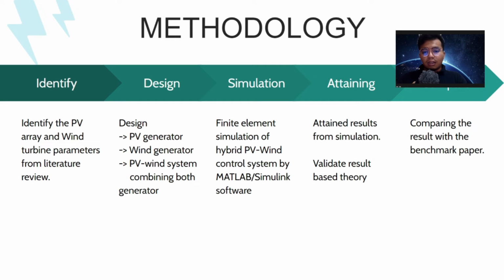Then I carry out the simulation of the hybrid PV wind control system. After that, I obtain the result from the simulation and validate the result based on the theory in the literature review. And lastly, I compare the result with the benchmark paper.